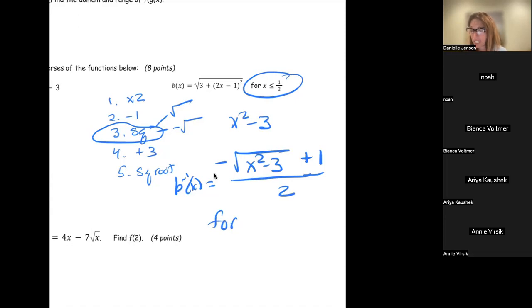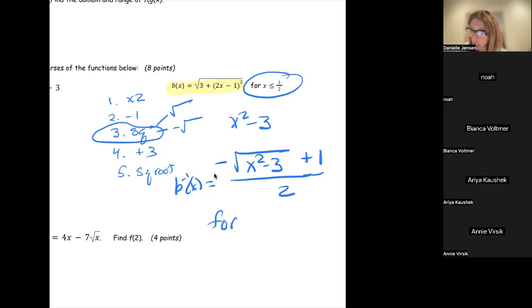To get the restriction, I honestly don't even pay attention to this inverse, because I know the restriction has to match the range of the original function. So I abandon the inverse to find the restriction. I go back to the original function, which is this. For it to be an inverse, domain and range flip. So what is the range of this function?